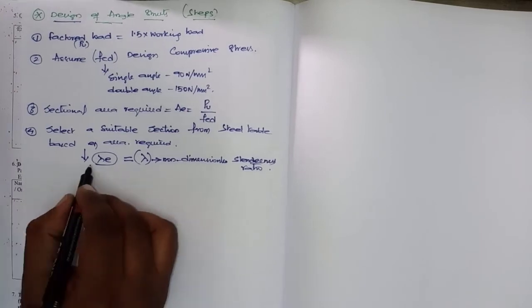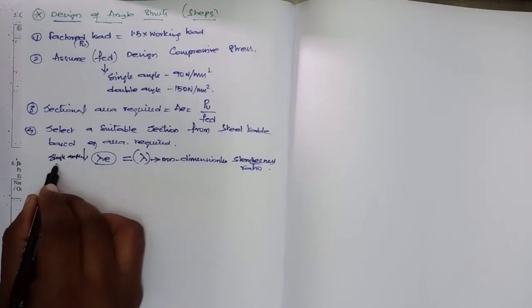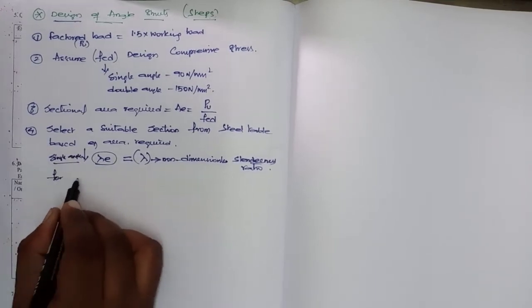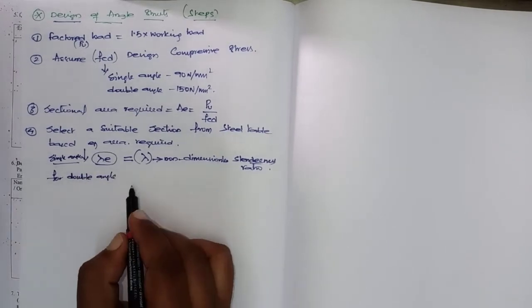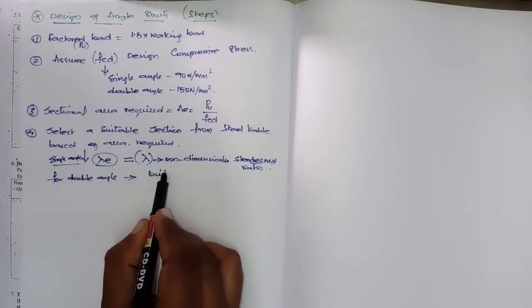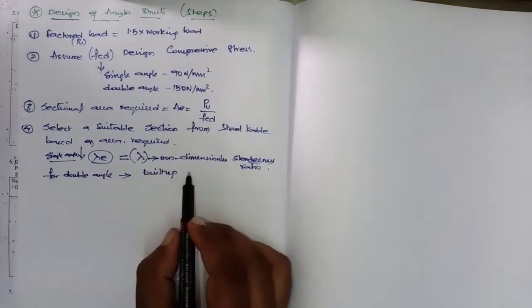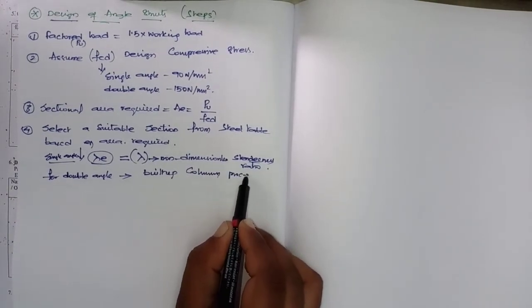This is for a single angle. Next, for double angle, the same built-up column procedure, meaning the previous problem procedure, is adopted.